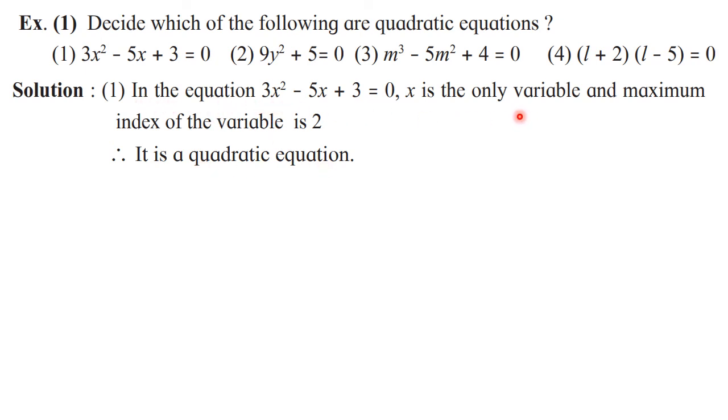All of you, please try to keep in mind this statement, and while solving, write this statement so that you will never forget this. Okay, you can write it in short also. What you can write here is: x is the only variable and the maximum index of the variable is 2, therefore it's a quadratic equation. But you need to write it.